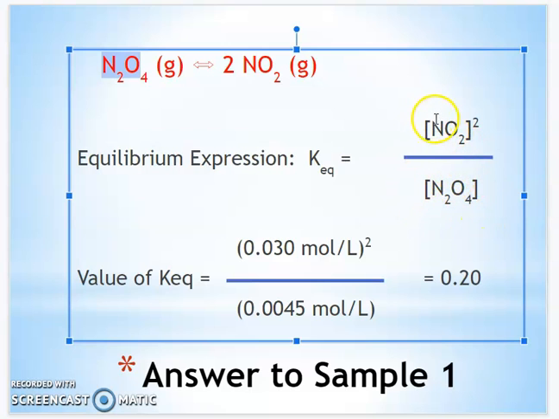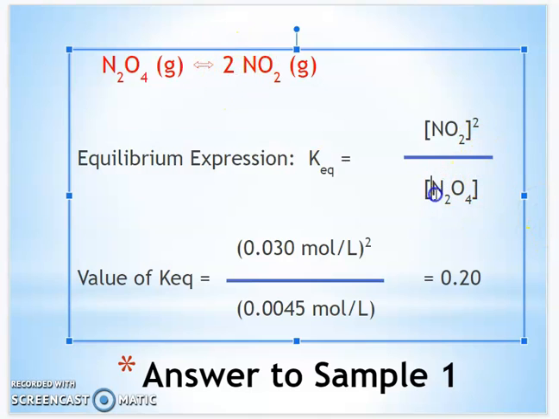So when you see these little brackets here, these brackets in chemistry represent concentration. So if you ever see anything inside of brackets, I'm telling you, hey, that's a concentration. So we're saying the concentration of nitrogen dioxide raised to the power of 2, and that 2 comes directly from your equation here. That's where this 2 is coming from.